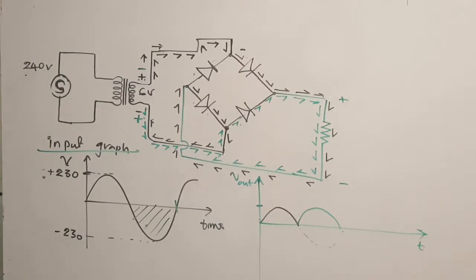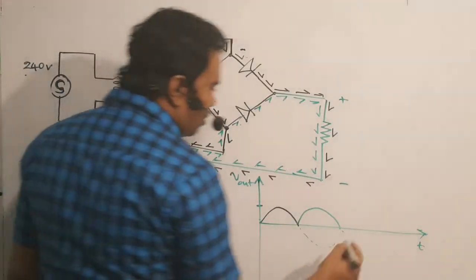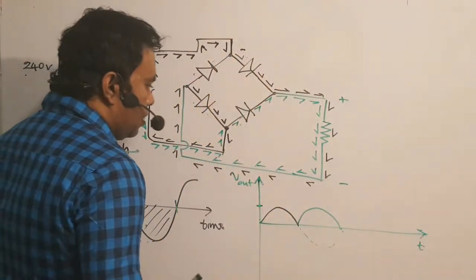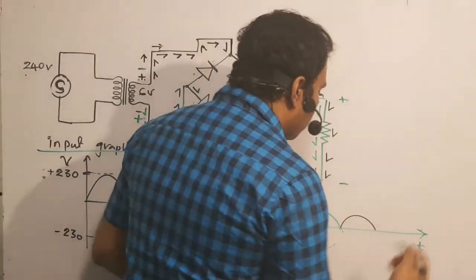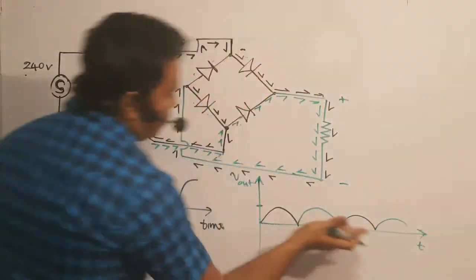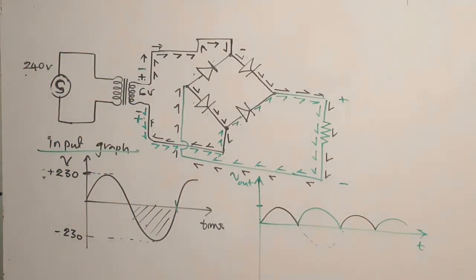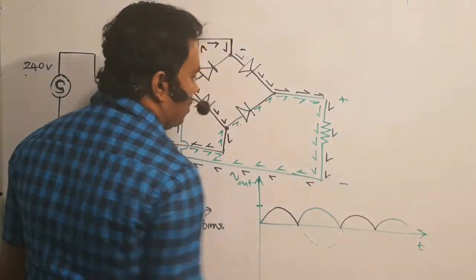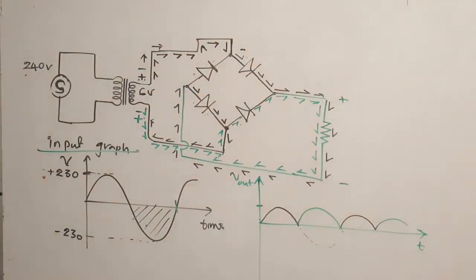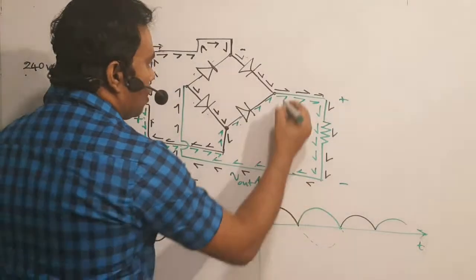Okay, now good. The positive half and negative half both come, so it is rectified. This is known as full wave rectification, not half wave. They started going in the same direction. How to take this smooth?